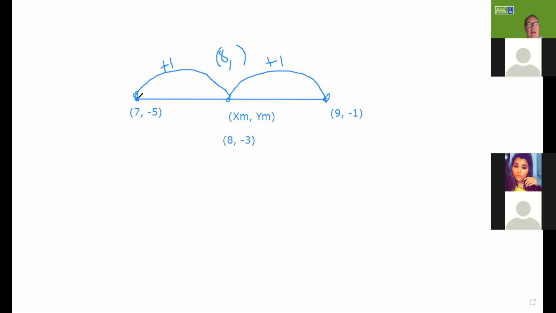So if you cut that in half, we added 2 here, we added 2 here to get from the middle to the endpoint. So either way you go, from here we're going to subtract, you still end up at 8, -3. So if you can visualize that with a little graph like that, that might help you with some of these problems.